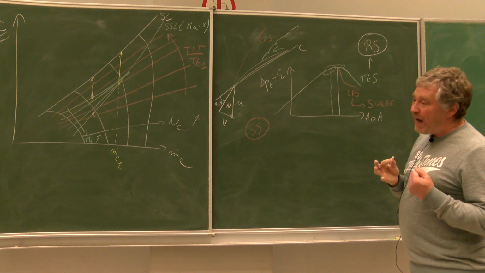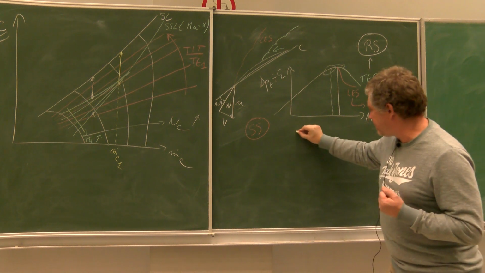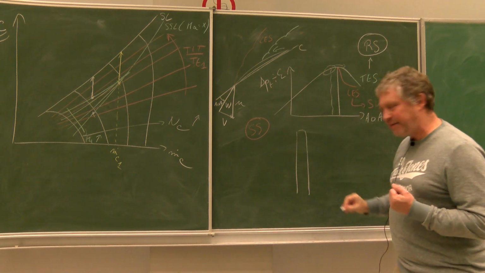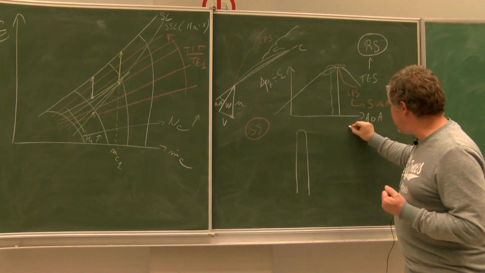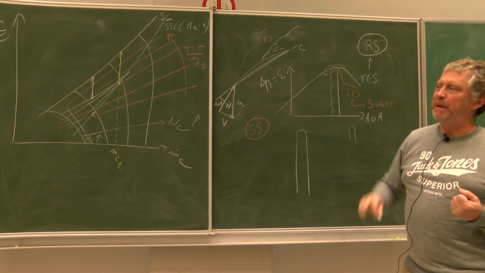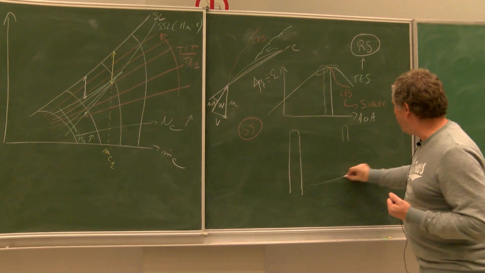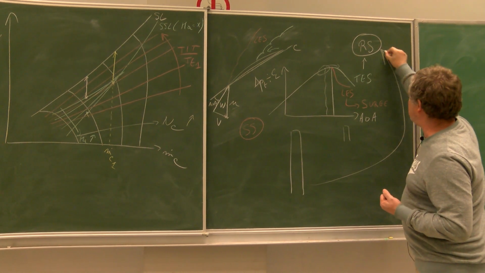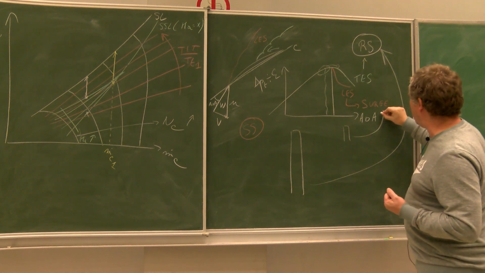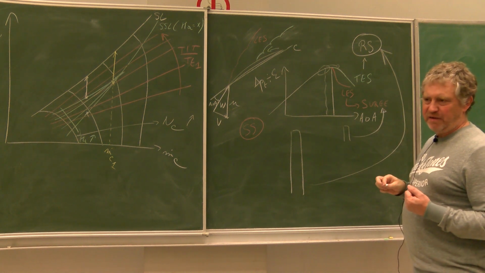Depending on where you have the impact, if this is on a, let's say, long blade, or if this is on a short blade, so beginning of the compressor or end of the compressor, you will be more going into this direction, or you will be more going into this direction.